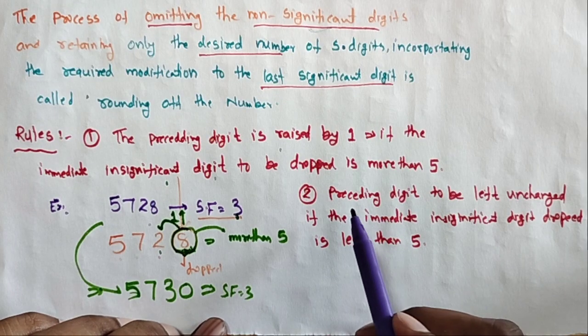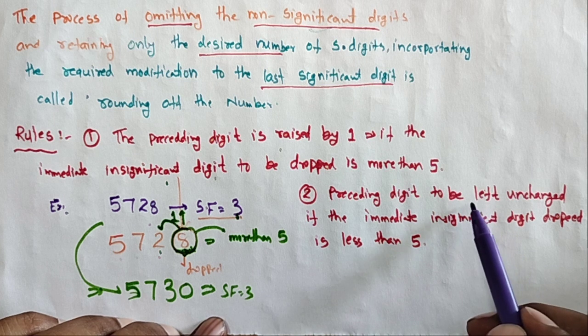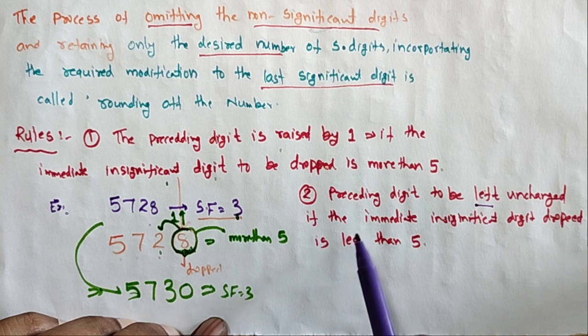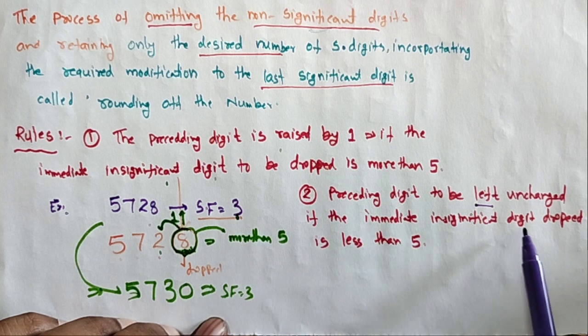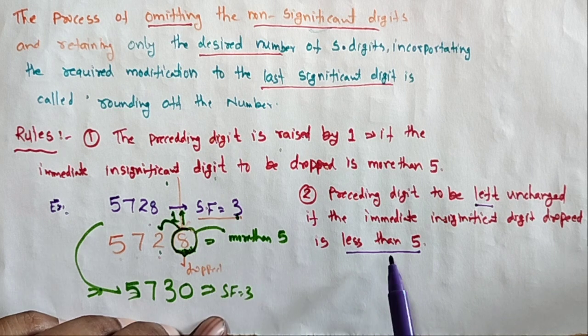Next, rule number 2: the preceding digit is to be left unchanged if the immediate insignificant digit dropped is less than 5. In rule 1 it is more than 5, here it is less than 5.